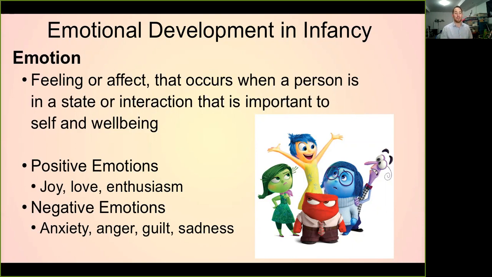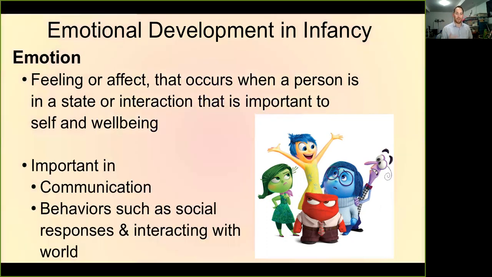Negative emotions are things like anger, anxiety, guilt, and sadness. So, these are feelings or an aspect of affect that can happen when we're in a state of something happening. If we're being threatened, we might feel anxiety. If something really good happens within our context, we might feel love or joy. So that's what emotion is.